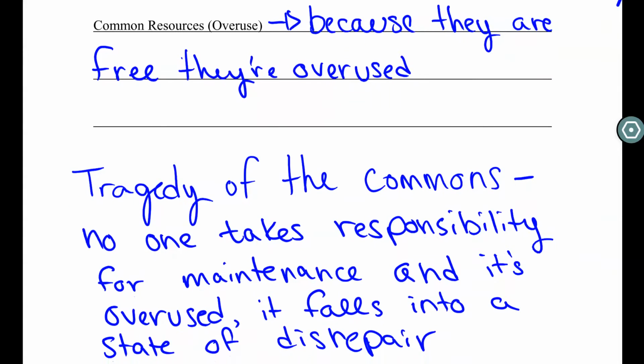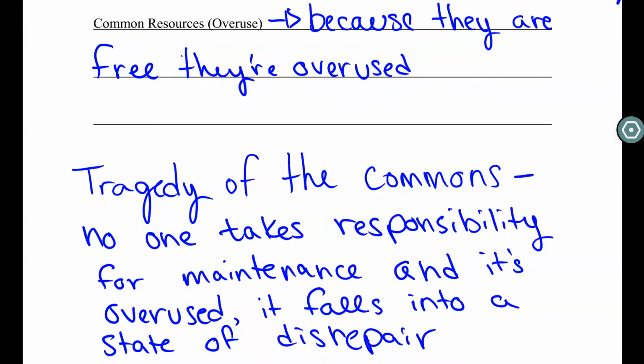Because of that, we have this tragedy of the commons. This is the idea that no one takes responsibility for maintaining it, and because nobody takes responsibility, it's overused and it falls into a state of disrepair.